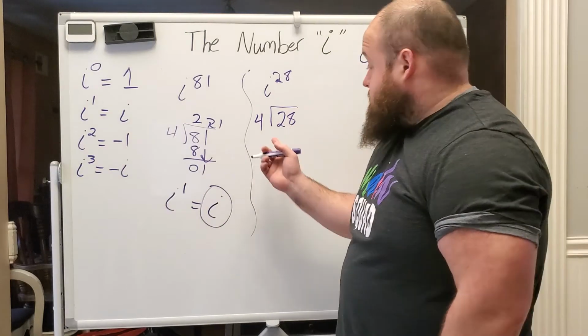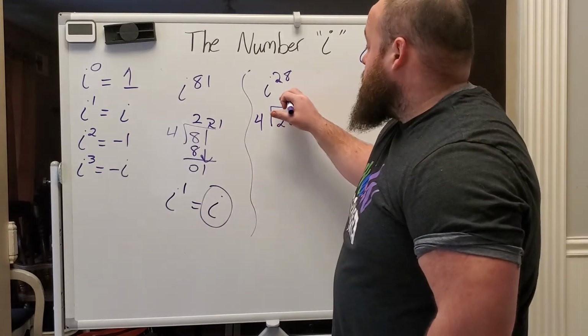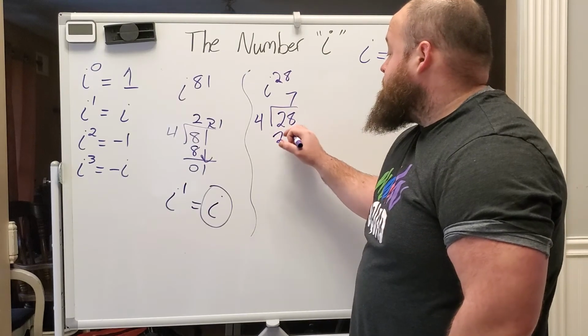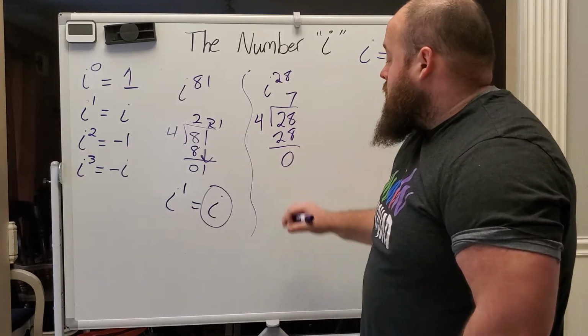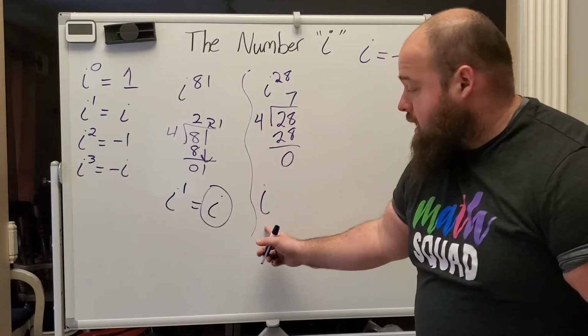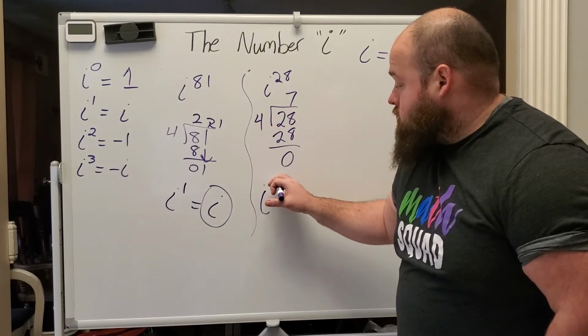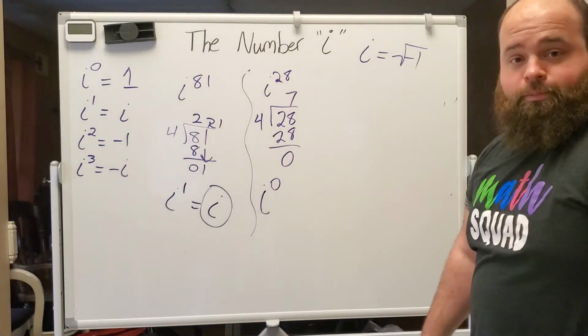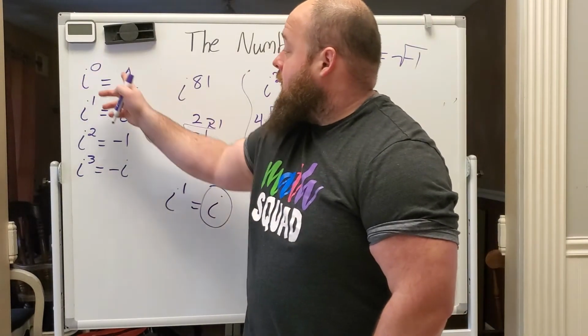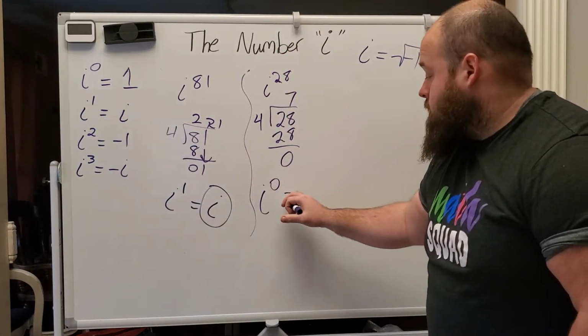What's very good about this is that 4 can go into this perfectly, 7 times. Our remainder here is 0. Remember with step 2, you're going to rewrite that i, and that remainder is going to be your new exponent. Now, we compare it to our chart. i to the 0 will be 1.